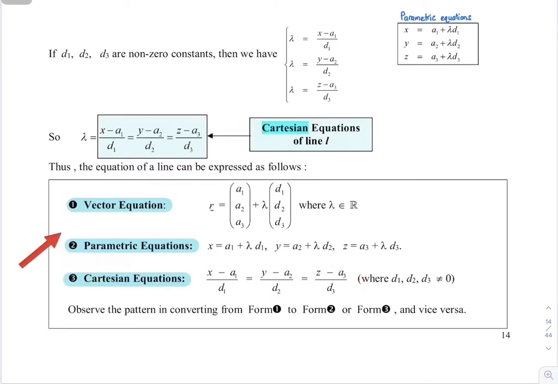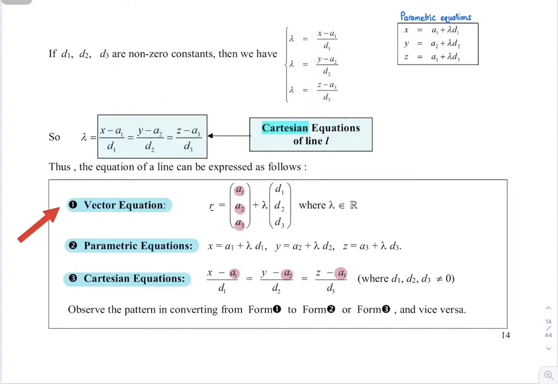To convert from the vector equation to the Cartesian equations without going through the parametric equations, what we can do is to observe the pattern that we can see over here. By looking at the vector equation, a1, a2, a3 can be found in the Cartesian equation as a1, a2, a3.